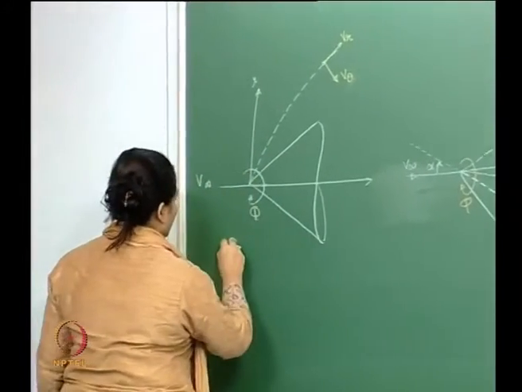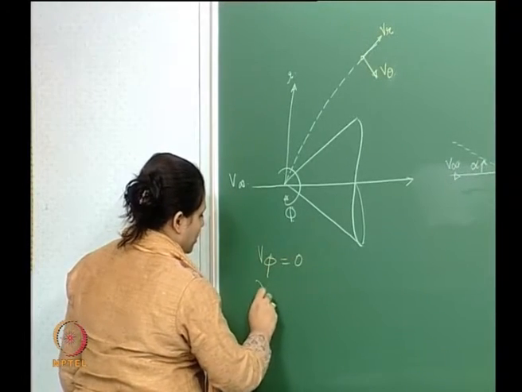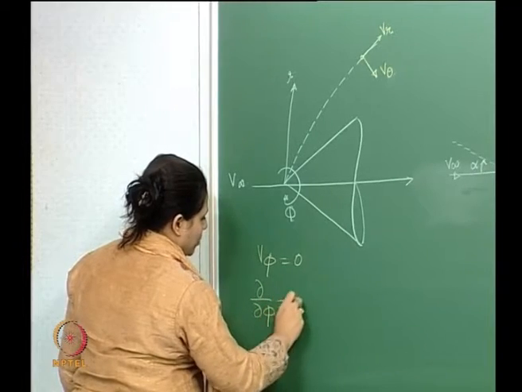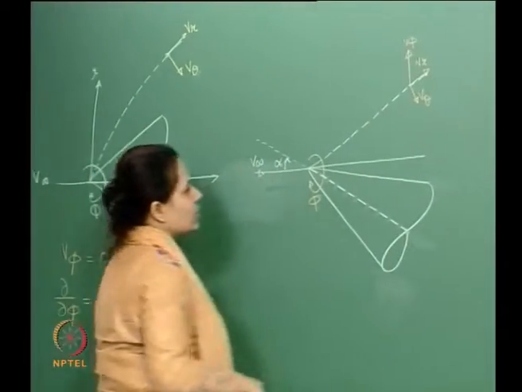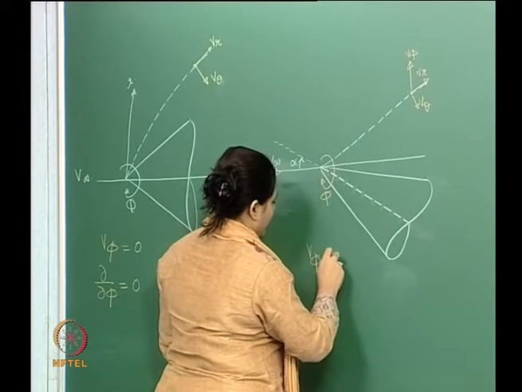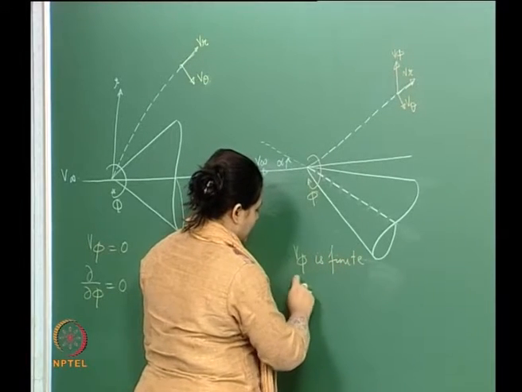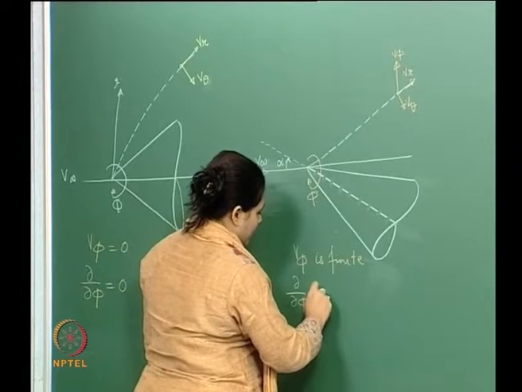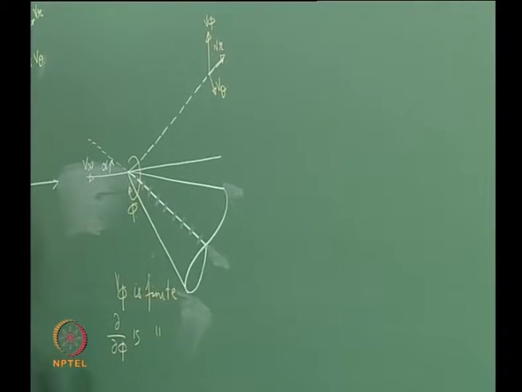V phi there is 0, this is for the axisymmetric case, and there is no property change in the phi direction. Here, of course, that is not so. Here v phi is finite, it exists, and del phi is also finite. So, this does not go to 0. This is in terms of what sort of velocities we would be looking at.